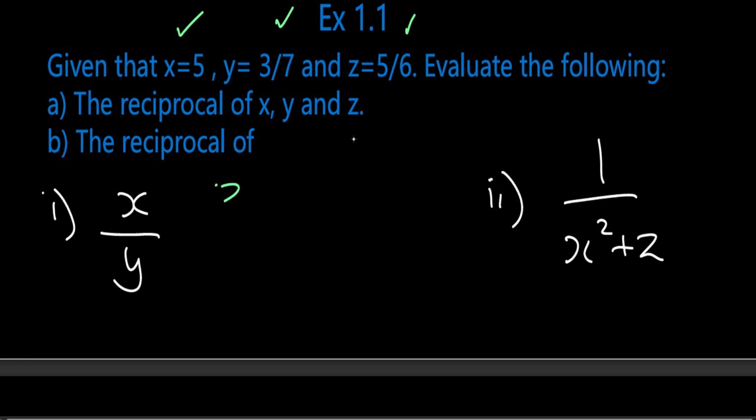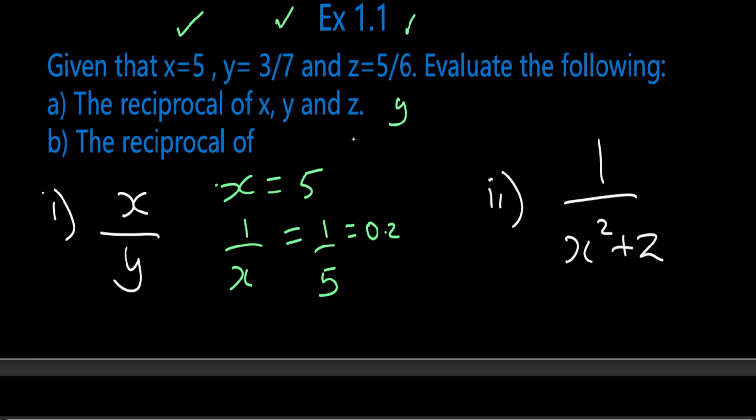Obviously, if x equal to 5, then basically the reciprocal of x is going to be 1 over 5, which most probably is around 0.2. So that is for x. What about y?